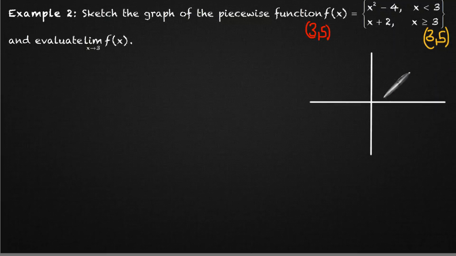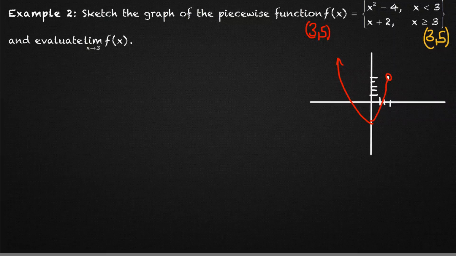So we're going to go ahead and put the point 3, 5 on there. And now we will graph the parabola, which is a parabola shifted down 4 units. So it's going to look like this, with an open circle.